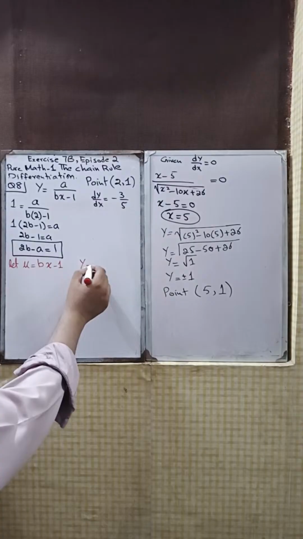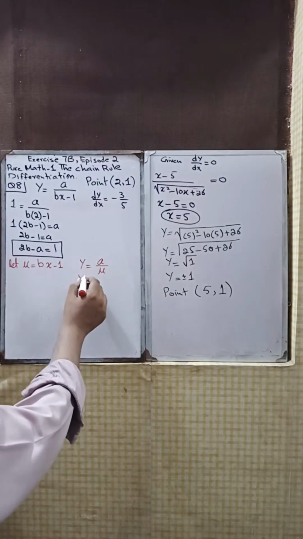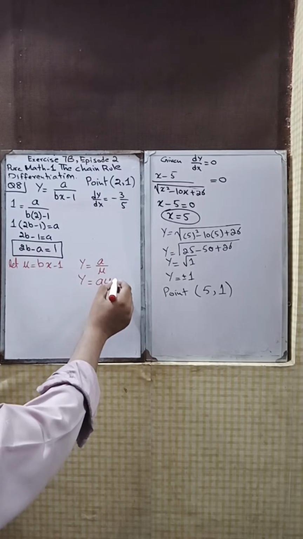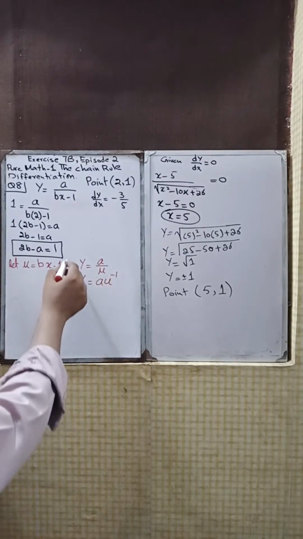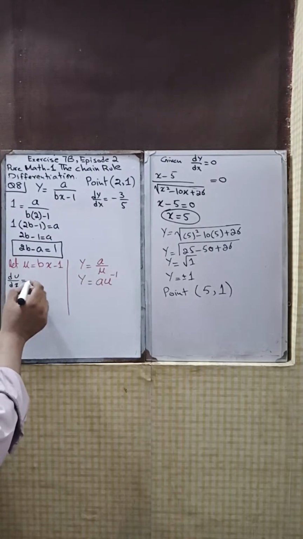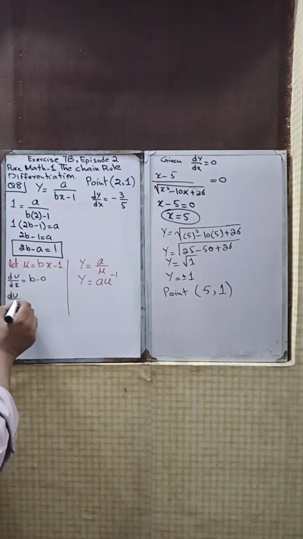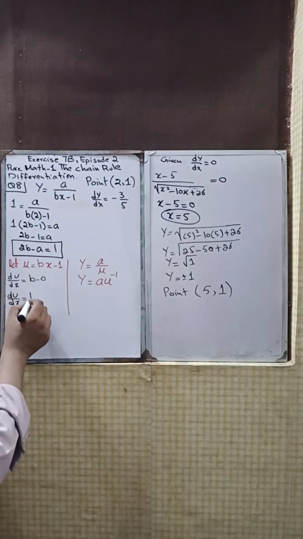So y will become a divided by u, so y will be equal to a u raised to power minus 1. Now we are going to differentiate them. So du by dx will be equal to b minus 0, so du by dx will be equal to b.